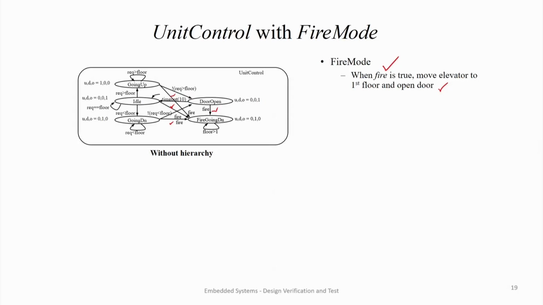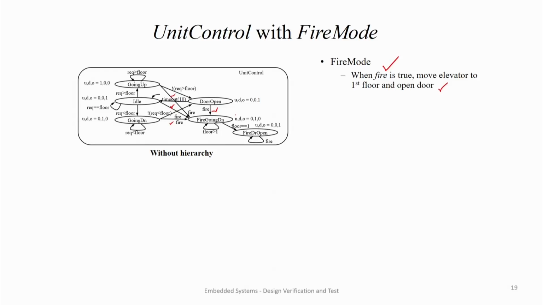So, until you are going down to the first floor, your open is 0, your down is 1, your up is 0. So, you cannot go up when you have a fire, you have to go down to the first floor. The elevator door will remain shut, so open is 0, but down is 1.